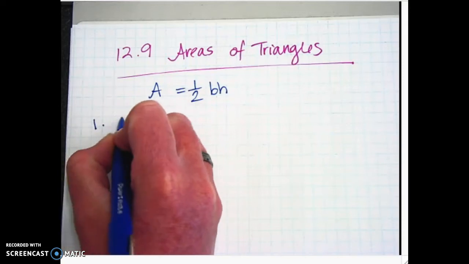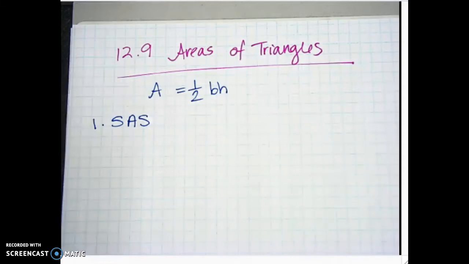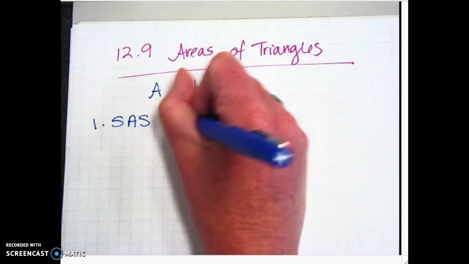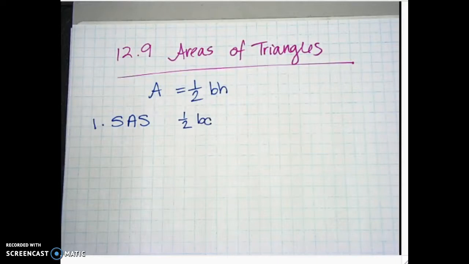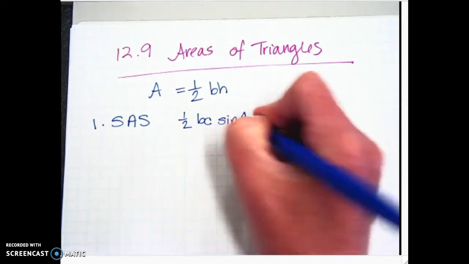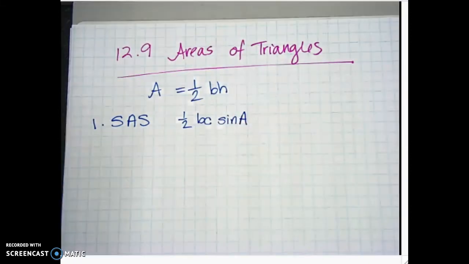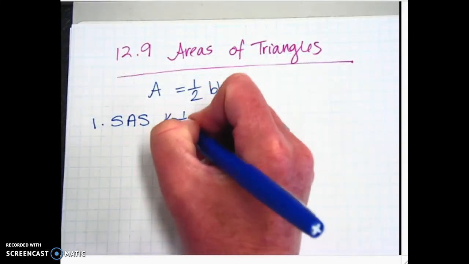The first one, if you're given a side, an angle, and a side, you're going to use the formula 1/2 BC times the sine of capital A. If it's lowercase, it's talking about sides, and capitals are angles. Instead of A, the book uses the letter K.